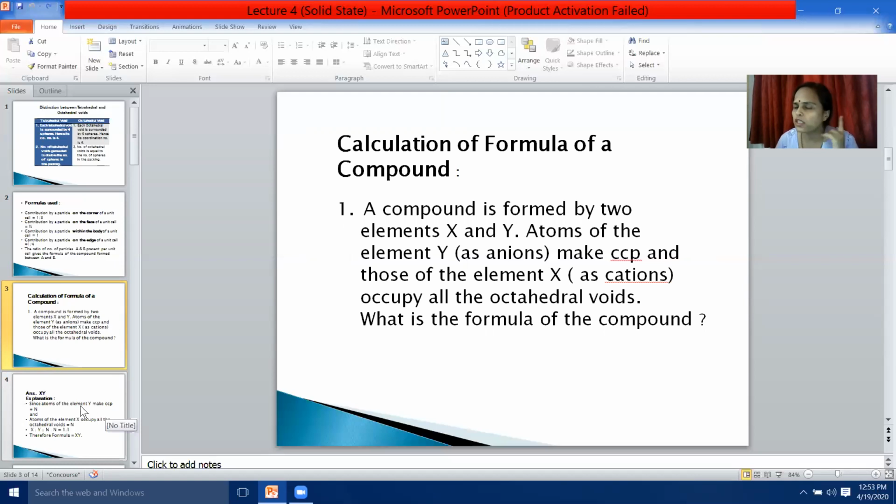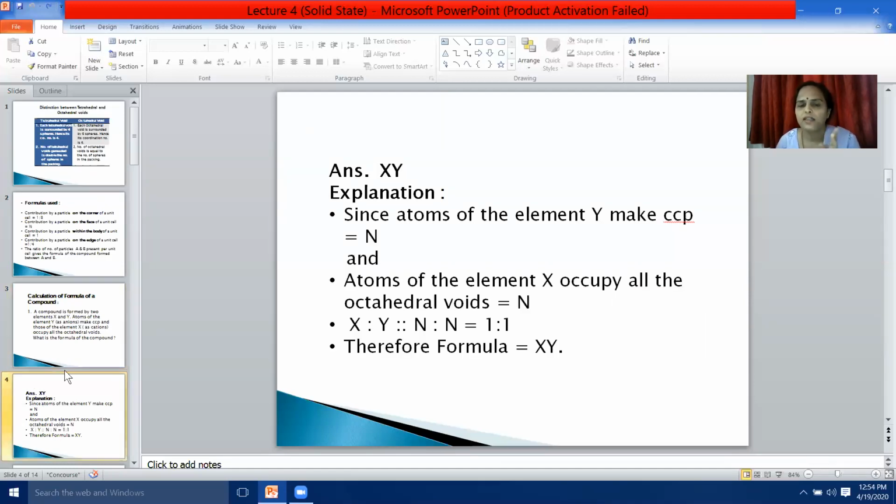I told you in the previous lecture that if the number of close packed spheres is equal to n, then here atoms of the element Y as anions are making CCP structure. So since the atoms of element Y make CCP arrangement, let that be equal to n, right? And atoms of the element X occupy all the octahedral voids.